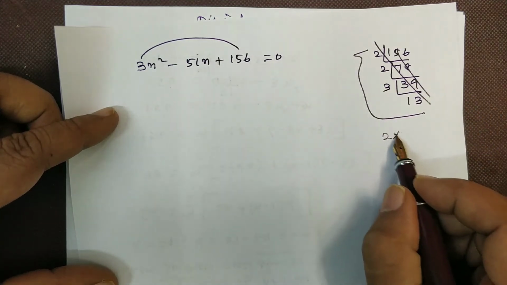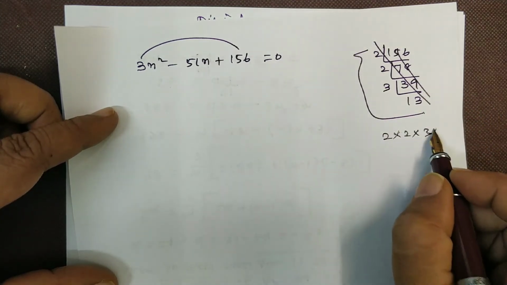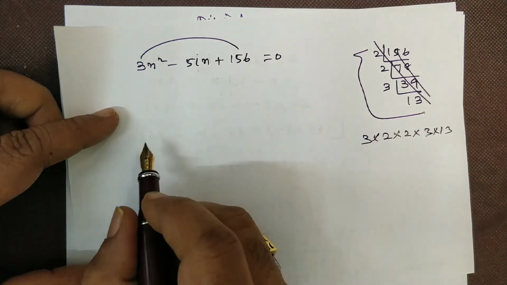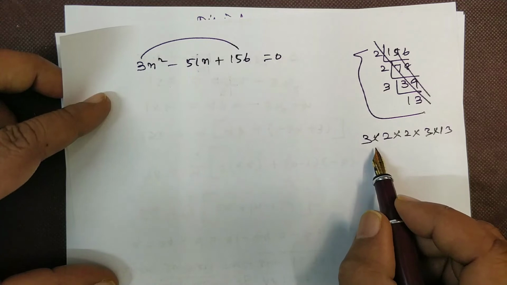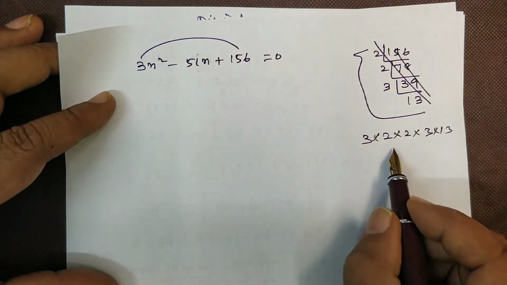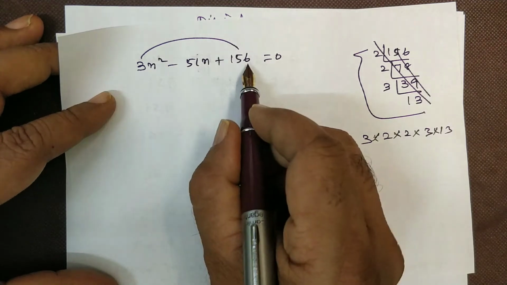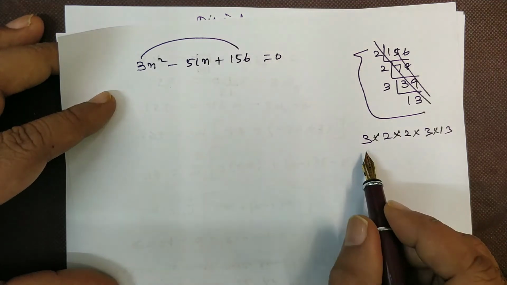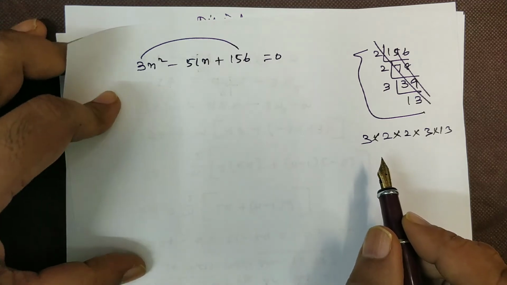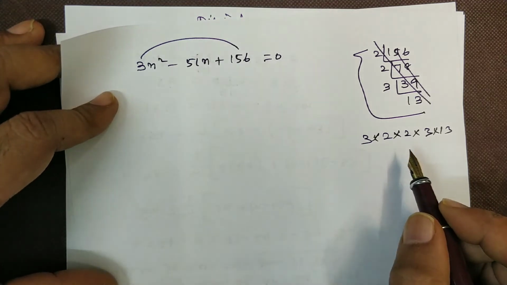So 2 into 2 into 3 into 13, and you can include this 3. Okay, so on adding we should be able to get 51. On multiplication we should be able to get 3 into 156. So how we can go about? Can we try?